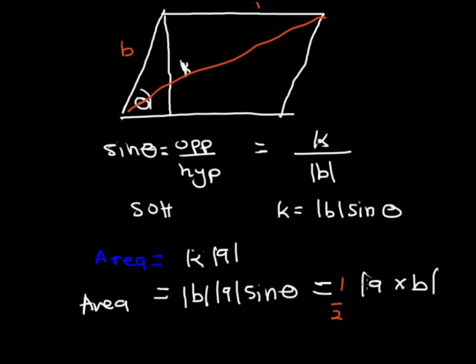And this gives us the formula for the area of a triangle when the cross product of two of the sides is given. So now the area of a triangle is equal to half multiplying A cross B, and this gives us our final expression.